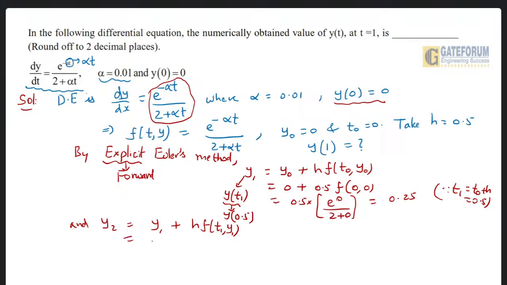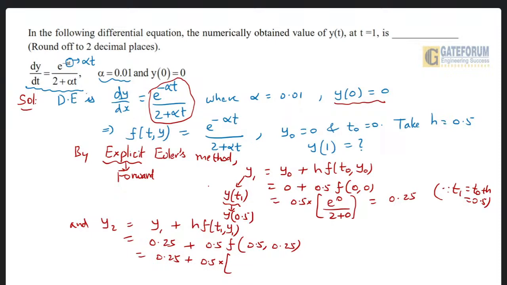What is y1? 0.25. h value is 0.5, into function of t1 = 0.5, y1 = 0.25. So this is 0.25 plus 0.5 into, in this function of t and y, put t value 0.5 and alpha value already given as 0.01.